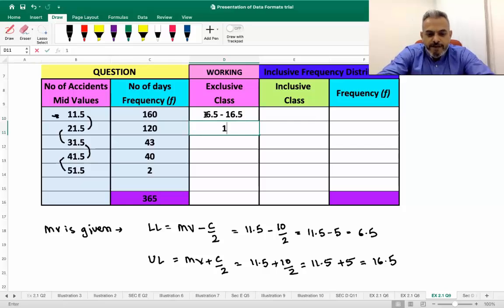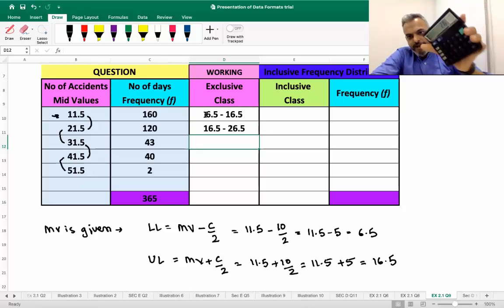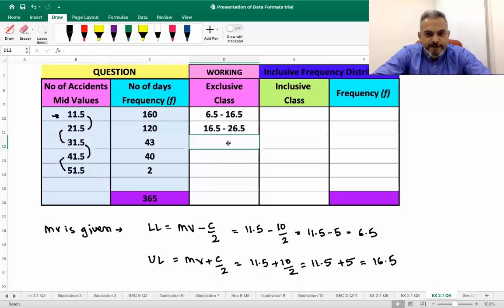Next class will be 16.5 to 26.5. Cross verify कर लो. 26.5 plus 16.5 is 43 divided by 2 is 21.5. Always cross verify.